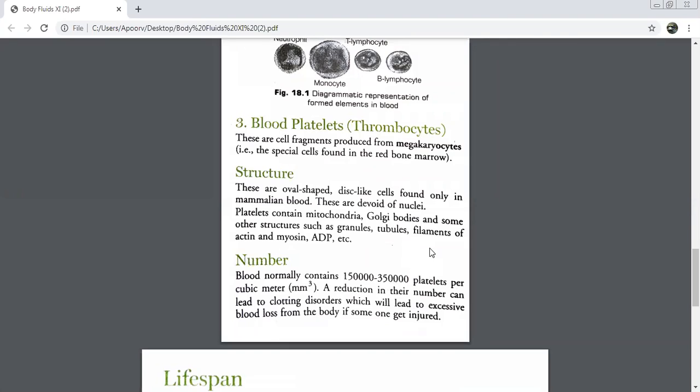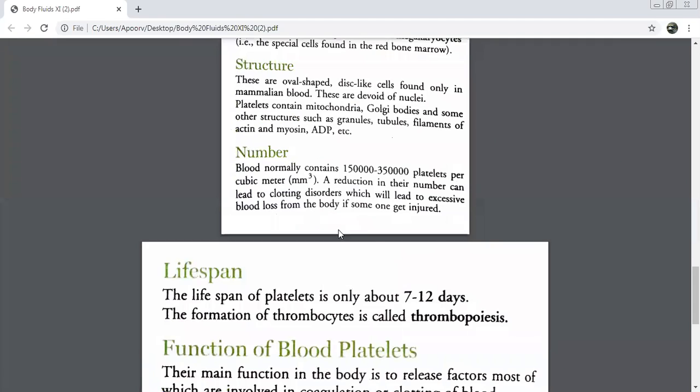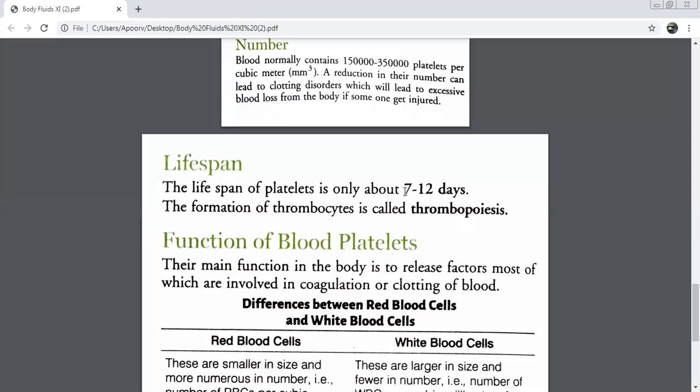Platelets lead to blood clotting. So if there's a reduction in the number of thrombocytes, an individual will suffer clotting disorders, which will lead to excess blood loss from the body if someone gets injured. I discussed the royal family thing that day, if you remember.